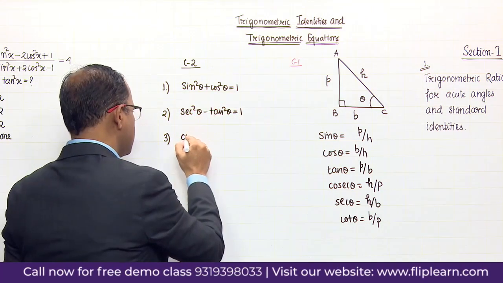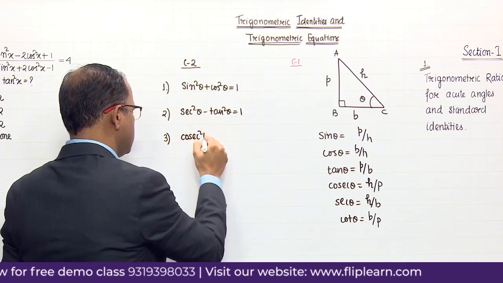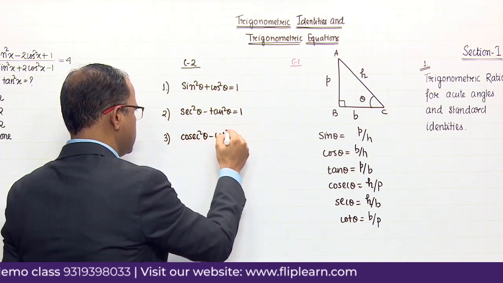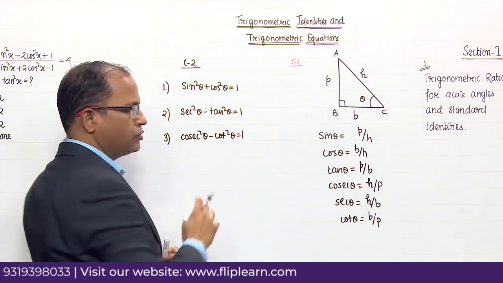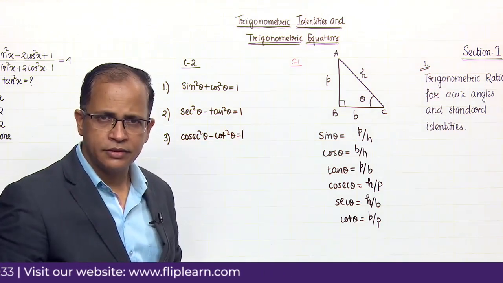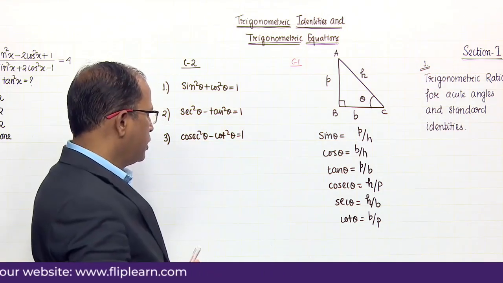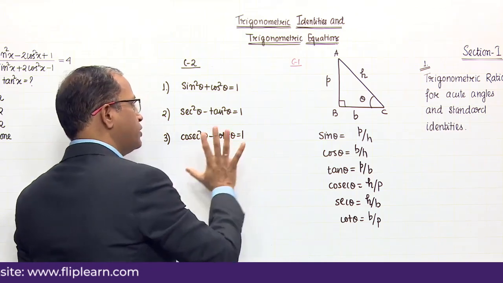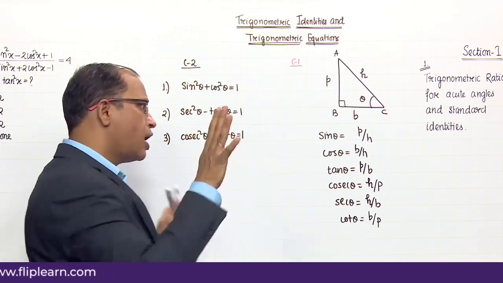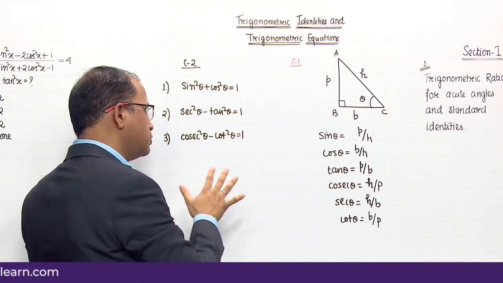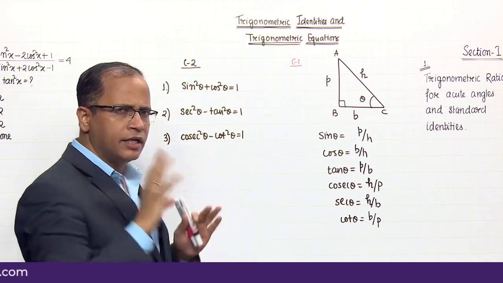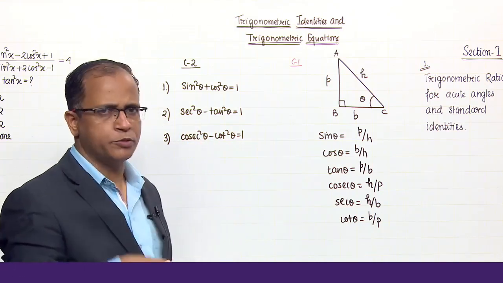Then we have cosecant square theta minus cot square theta is equal to 1. So there are three identities we have. These are the things we have already done in the previous class: how to make use of these identities. Let's start doing problems based on this.